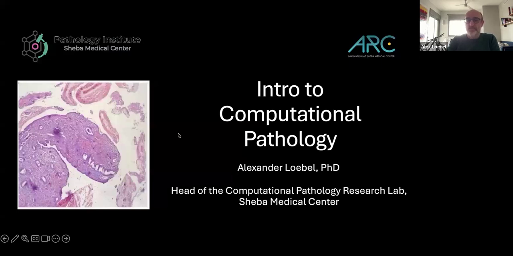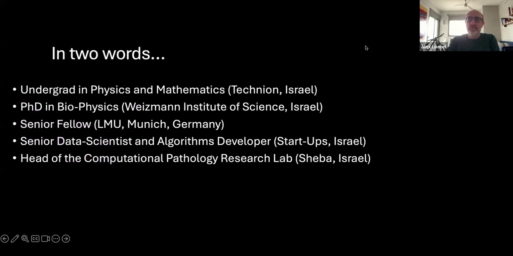Great. So a few words about me. I studied physics and math in undergrad, and then I did my PhD in biophysics at the Weizmann Institute of Science. I did my postdoc, and I was a senior fellow at the Ludwig Maximilian Universität in Munich. My focus at the time was computational neuroscience, the interface of biology, mathematics and physics, but on a different topic than what I'm doing now.